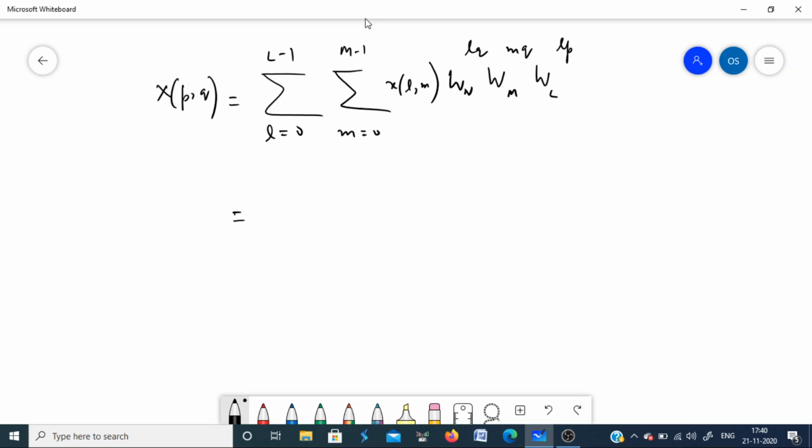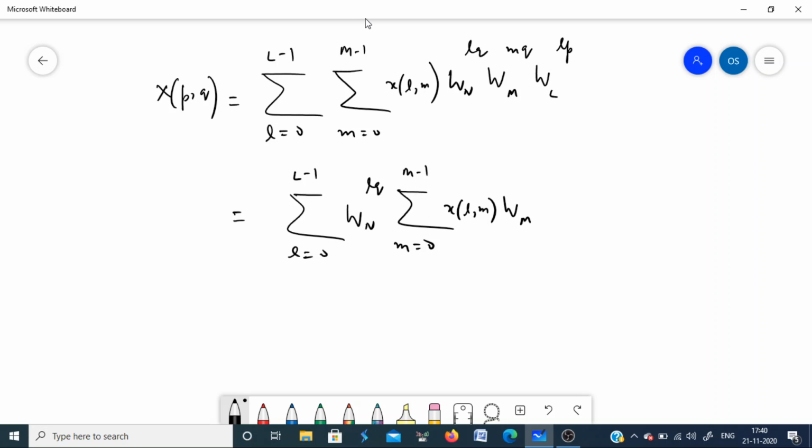So we can do some rearrangement here, and write this as the sum over L from 0 to L minus 1 of wn to the power lq, then the sum over m from 0 to M minus 1 of x lm, wm to the power mq, then finally multiplied with wl to the power lp. This is the same equation; we have just rearranged it. They both are the same.